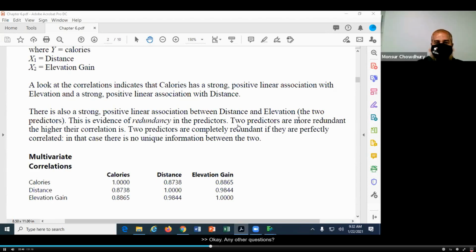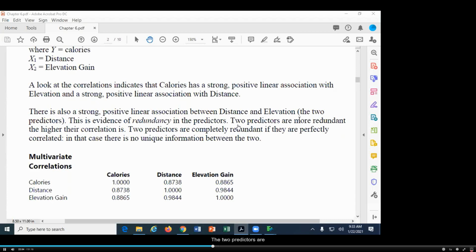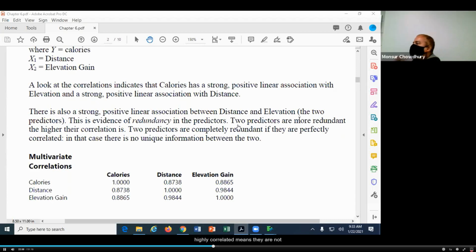Any other questions? Okay. So here we can see that there is a problem of redundancy because the two predictors are themselves highly correlated. So what does it mean? The two predictors being highly correlated means they are not giving any additional information.